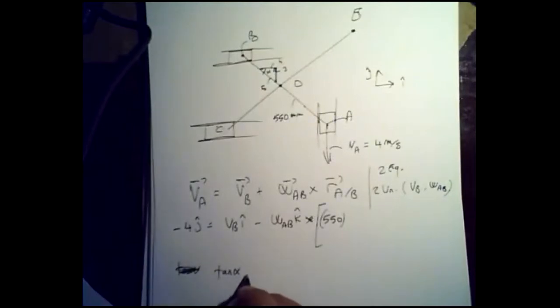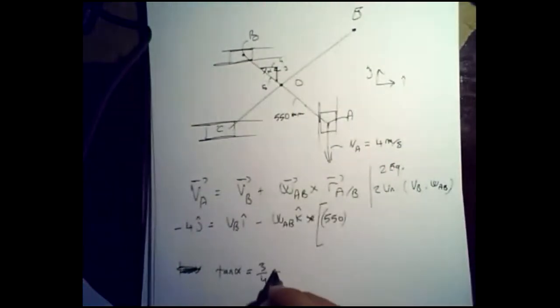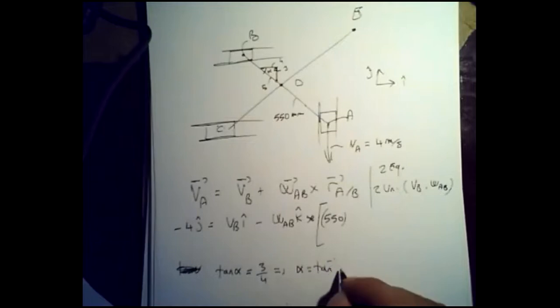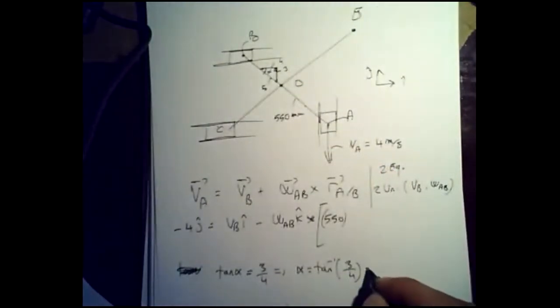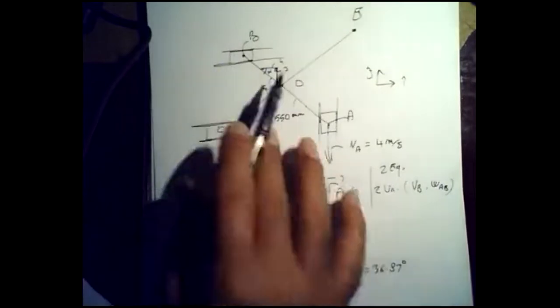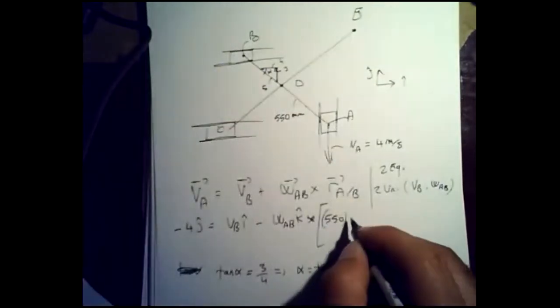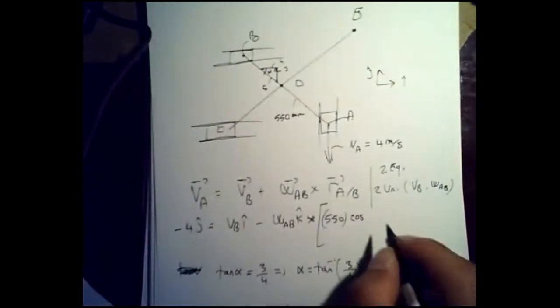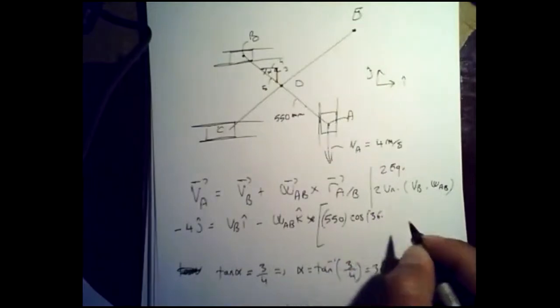Tangent alpha is equal to 3 over 4, so alpha is equal to inverse tangent of 3 over 4, which is 36.87 degrees. Then we can just say this length times cosine alpha. I think this is an approach that could be used anywhere.